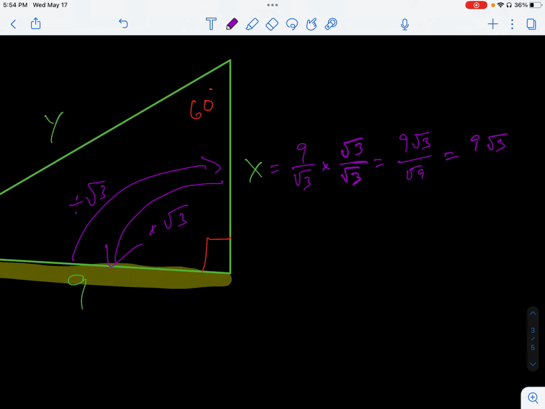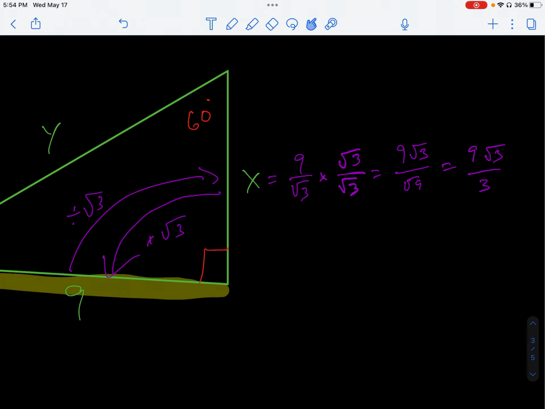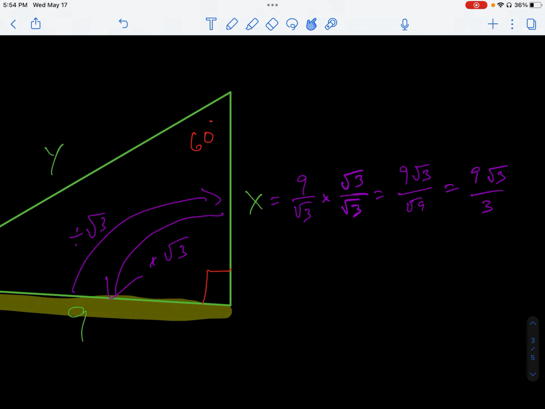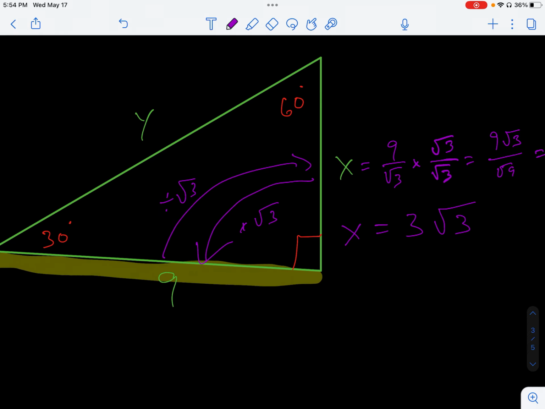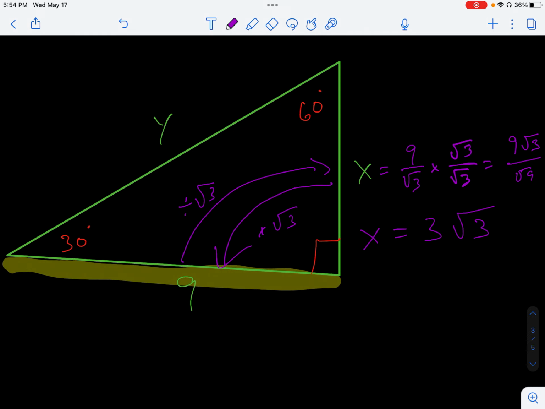So 9 radical 3 over 3. 9 is divisible by 3, so we're going to end up with x equals 3 radical 3. Well, after getting that, we know that y is just 2 times x. So 2 times 3 is 6. And then we've got to bring up the radical 3. So 6 radical 3 for y.